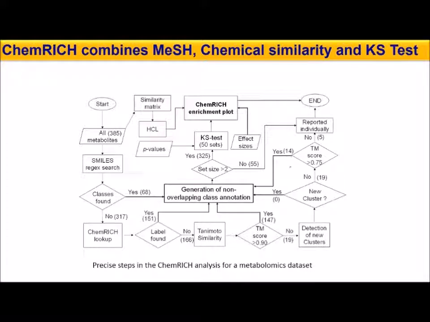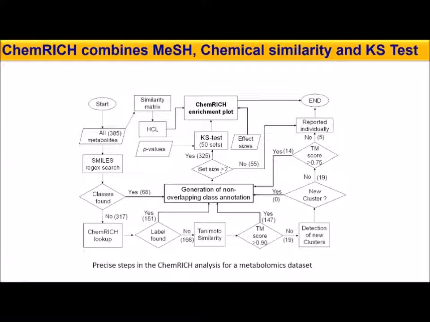All those class estimations from SMILES regular expression search, ChemRICH lookup, Tanimoto similarity, MeSH estimation, new cluster, and lowering the Tanimoto similarity threshold to 70% are fed into a non-overlapping class annotation estimation.